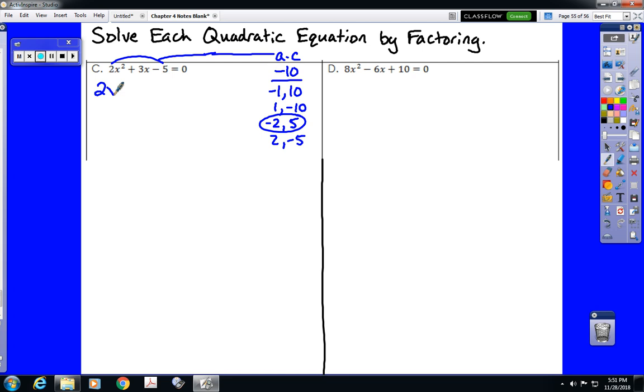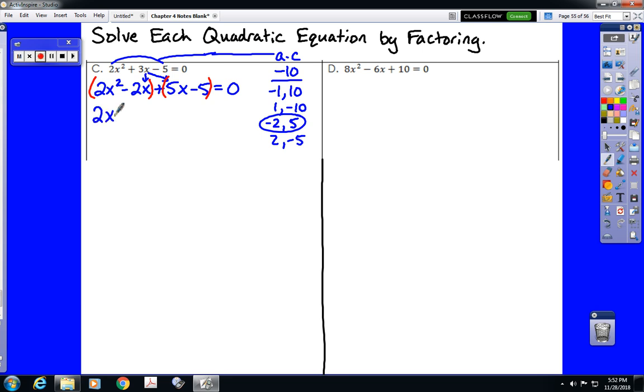So again, we want to break that up and we want to write the negative first just to protect ourselves from making silly mistakes. Again, that's 3x is being broken into two terms because 5x minus 2x is still 3x. We have not changed any value. We're going to group the first two and group the second two. Factor out the greatest common factors of each.